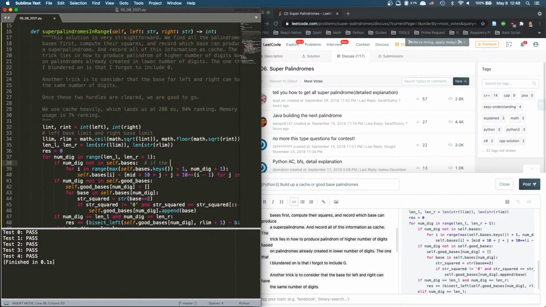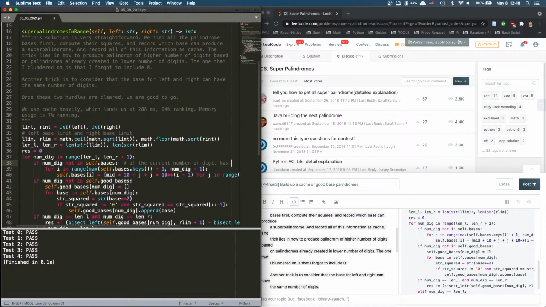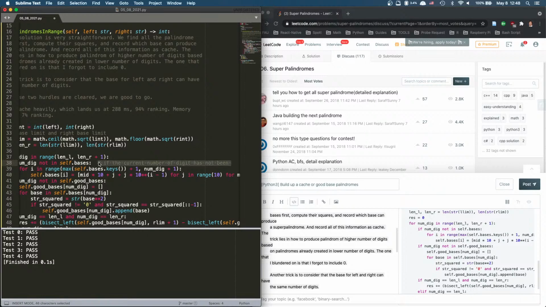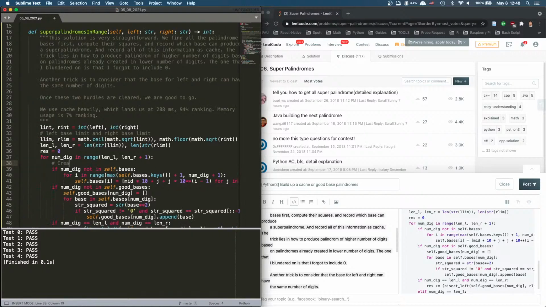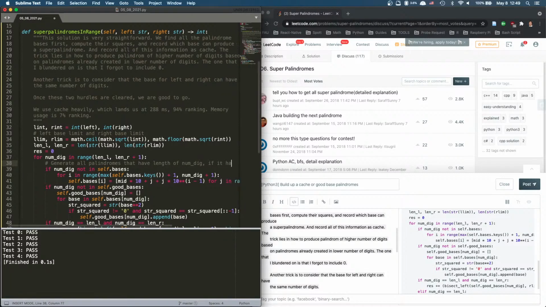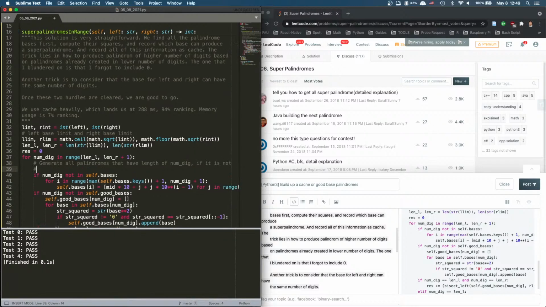If the current number of digits has not been created, list all palindromes, generate all palindromes with num digit length, if it is not in the cache.